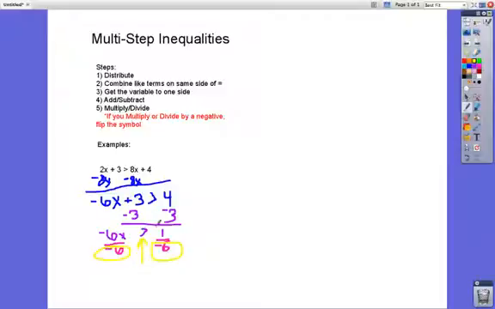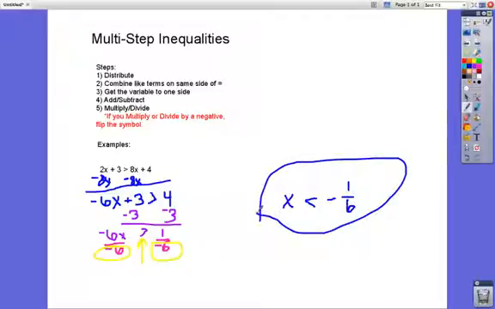So it's no longer a greater than symbol, it is now a less than symbol. So we have x is less than. Okay, 6 can't go into 1, so it has to stay as a fraction. So it's negative 1/6. Okay, and we don't have to worry about graphing these, so we're just going to keep that there.